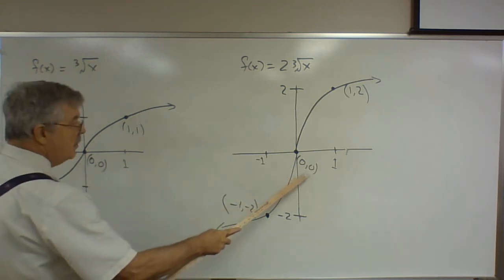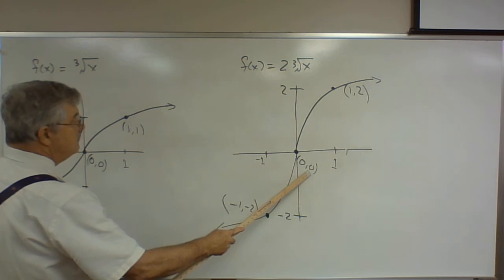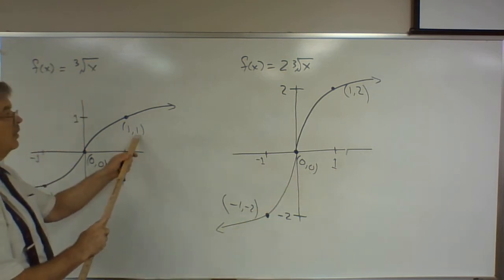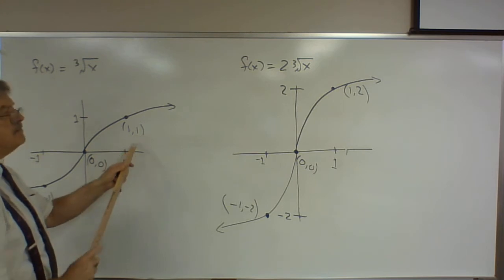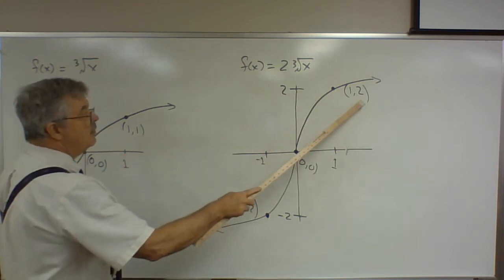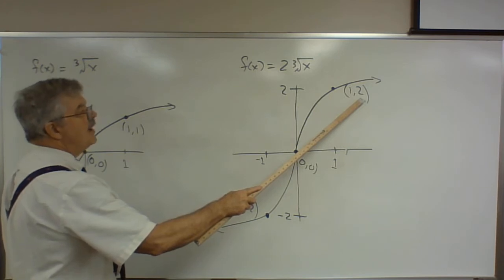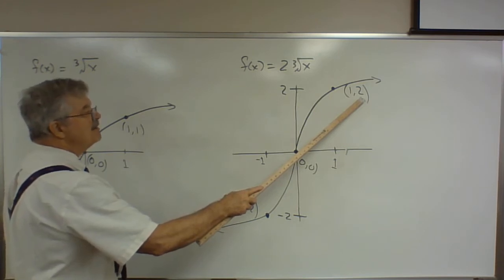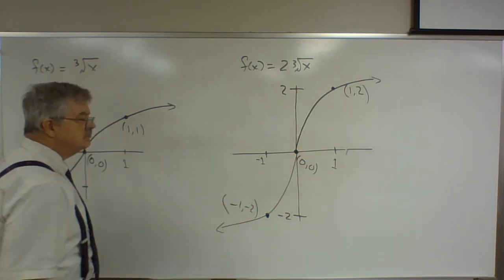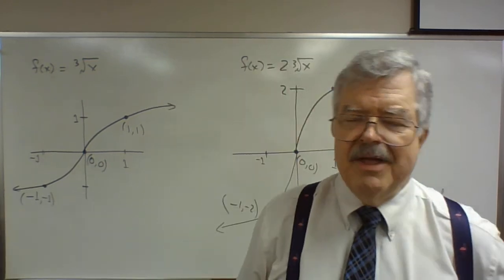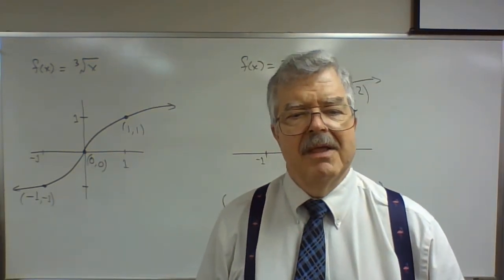So the y coordinate of this point is going to be 2 times 0. The y coordinate of this point is 1. So the y coordinate of the corresponding point is going to be 2 times 1. I think we're getting the hang of this.